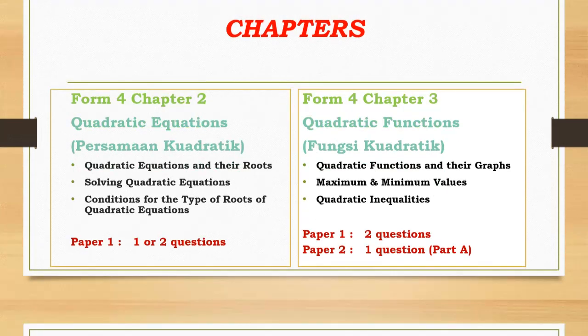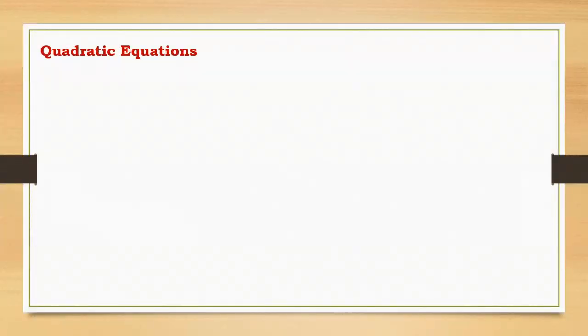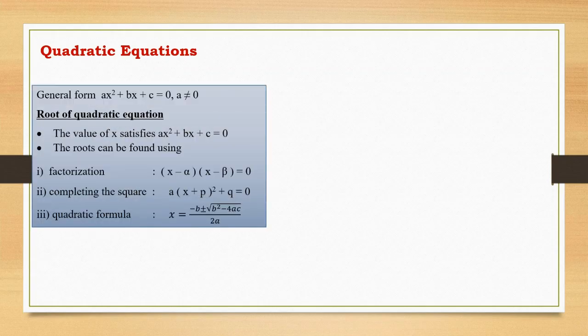Okay, so let's go through the important criteria that students need to know from each topic. In chapter 2, quadratic equation, students need to know the general form of a quadratic equation is given as ax squared plus bx plus c, and a cannot be 0 because the highest degree must be 2.